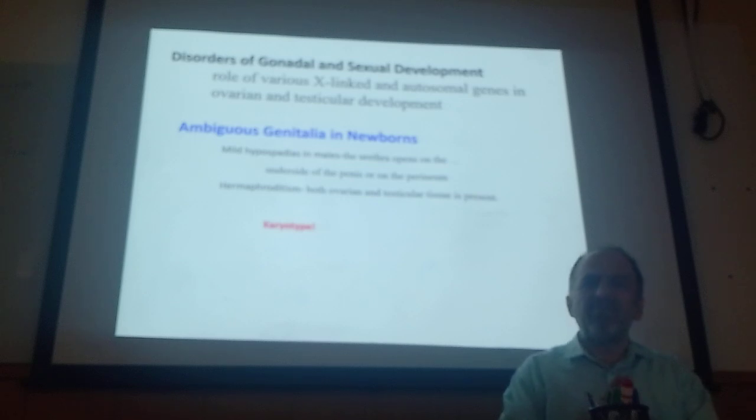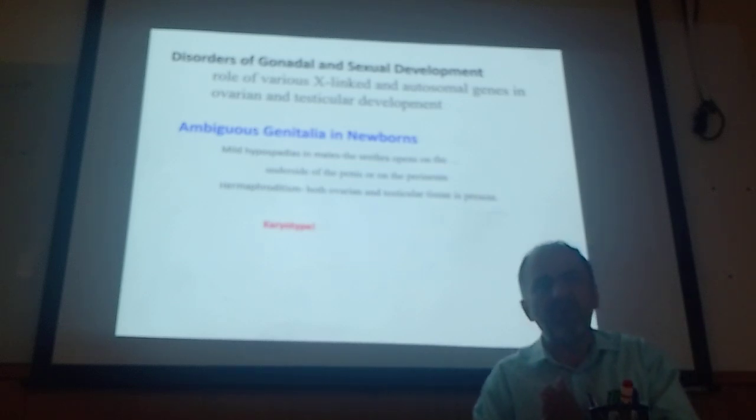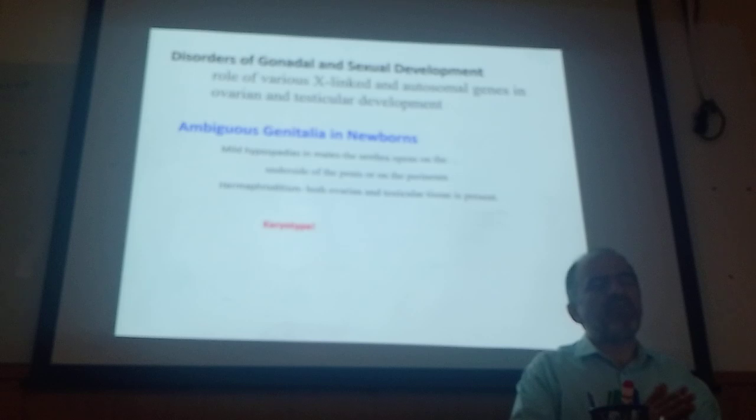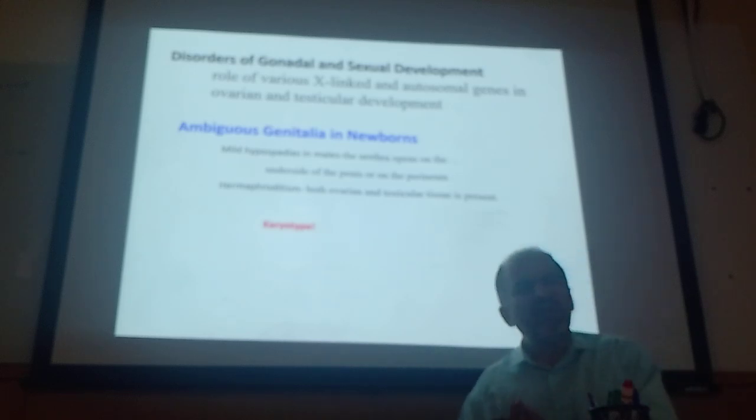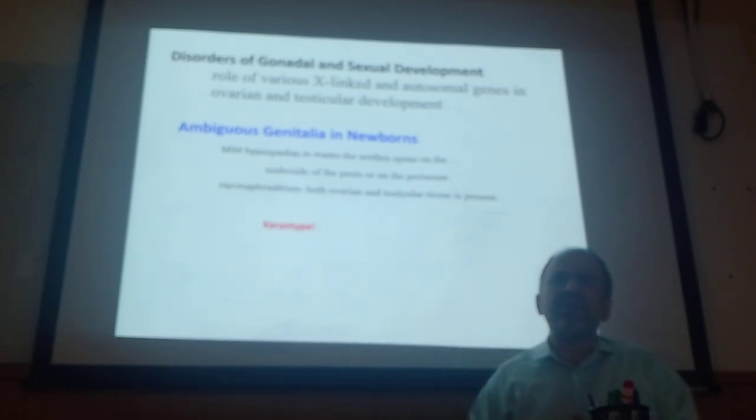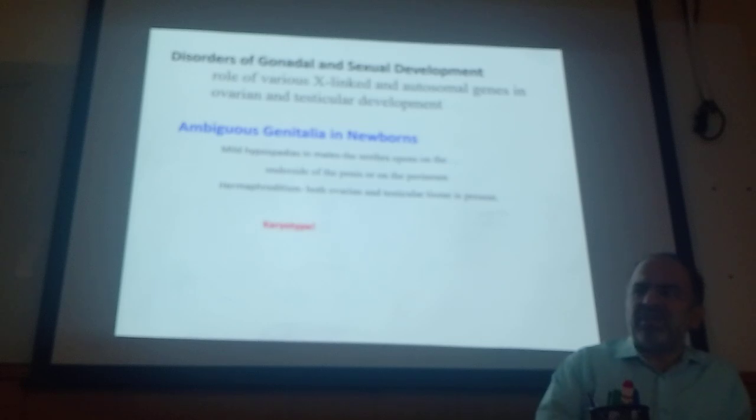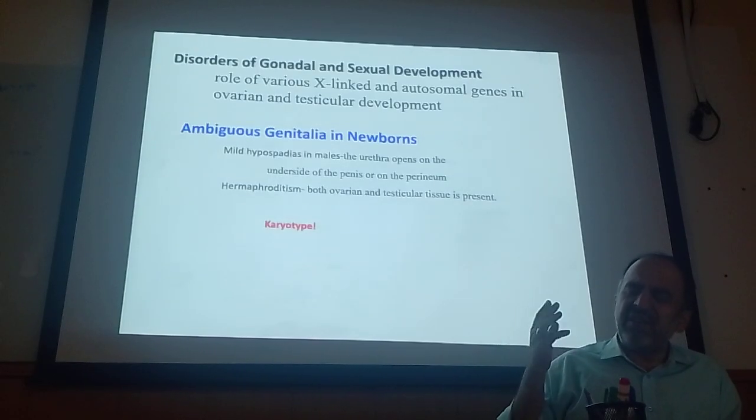What you are looking for, we should do karyotyping. Also, there is the problem of hypertension in some of them. Some of them have electrolyte problems. We should check for that. So a teamwork regarding ambiguous genitalia should sit together and find out what we shall do. Shall we go for any kind of surgery? Is it a male or is it female? Having two sexes together is very, very rare.